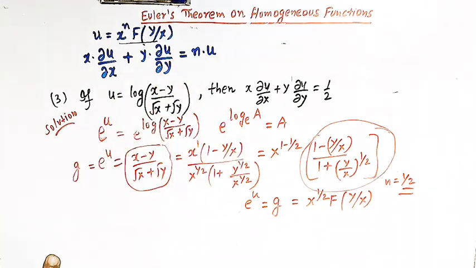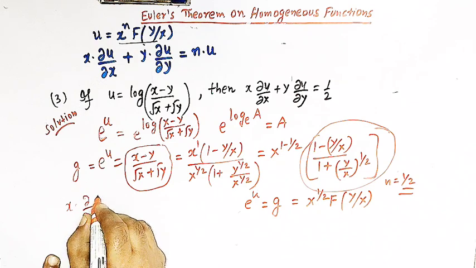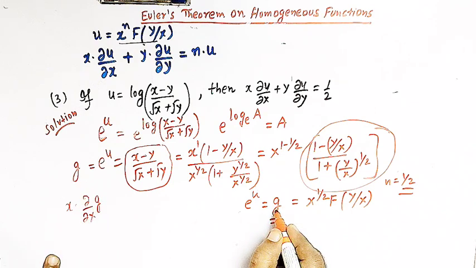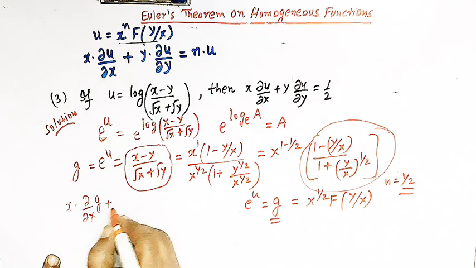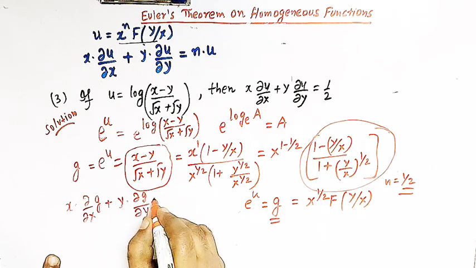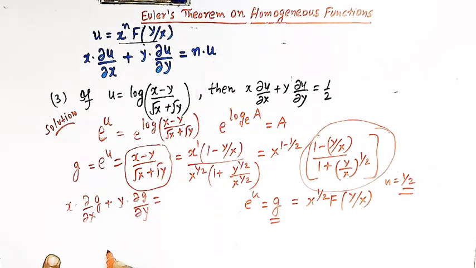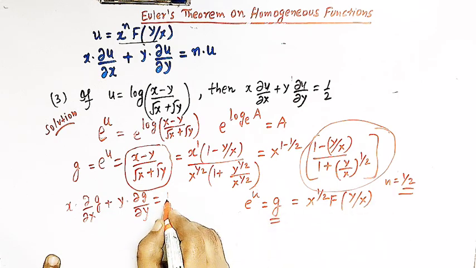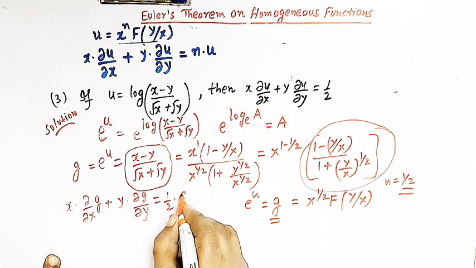So by Euler's theorem, we can now write x times del over del x of g, here we have the function g, and then we have y times del g over del y is equal to n times g, right? So our function is g, so we have half times g.